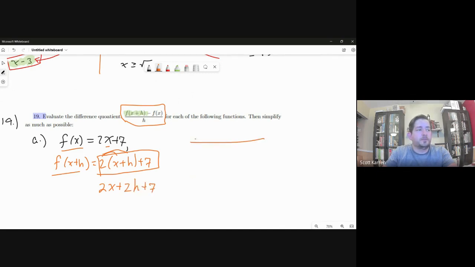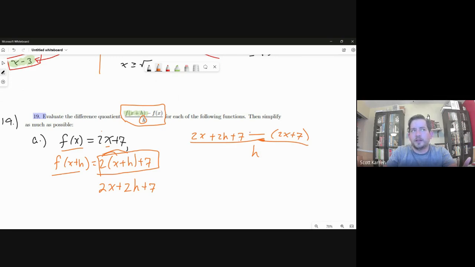So I'll start there. It's f of x plus h, which is my 2x plus 2h plus 7. And I'm going to subtract off the entire f of x. So that's subtracting off 2x plus 7. And since I'm subtracting a function, I'm going to put that function in parentheses. And then this whole thing is divided by h.